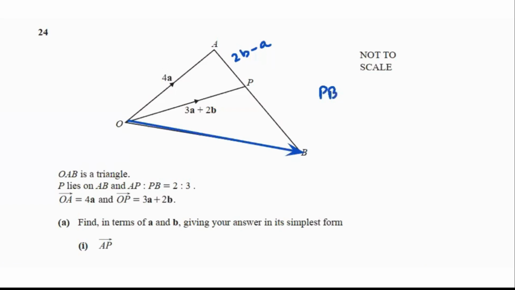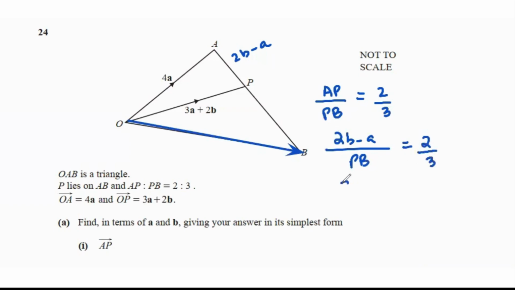So AP over PB is given as 2/3. AP we already know as 2b minus a. So PB will be 3/2 times 2b minus a. That's PB.